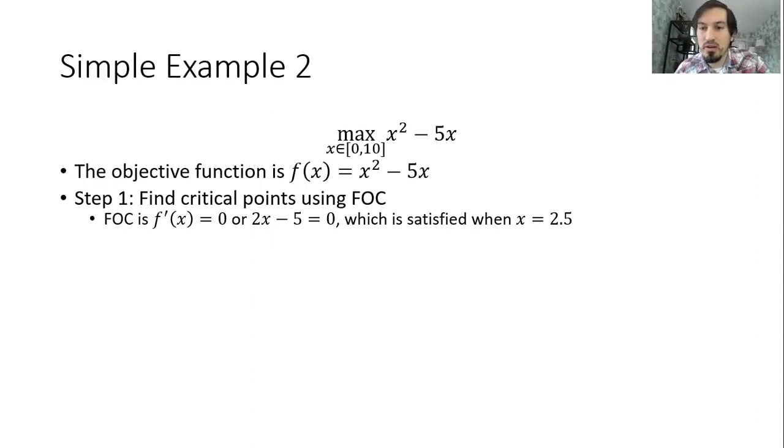It's the same critical point as last problem, x equals 2.5. Remember, critical point just means f prime is 0. The book might also refer to them as stationary points, but I like critical point.